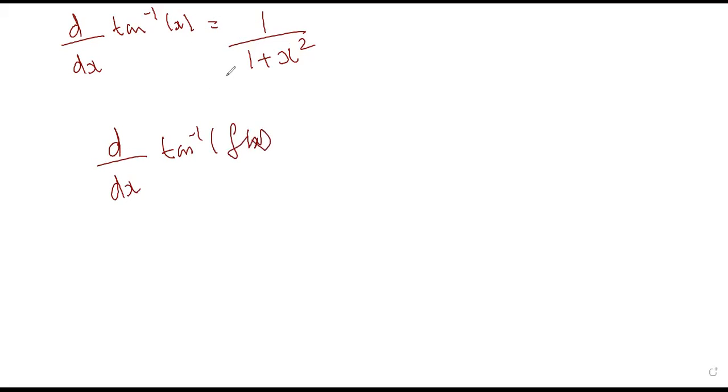This is something which we had for x only. But if I talk about f of x, it is going to be 1 divided by 1 plus f of x squared, times the derivative of this f of x.